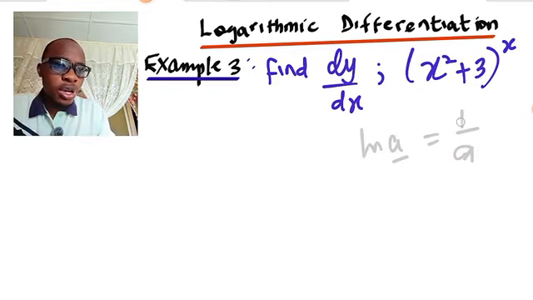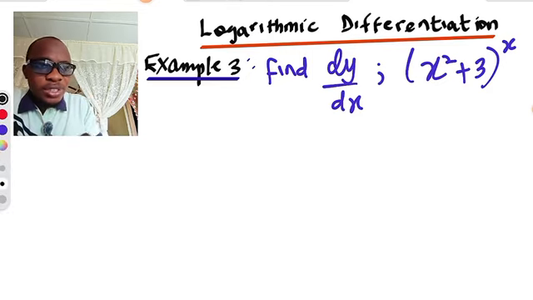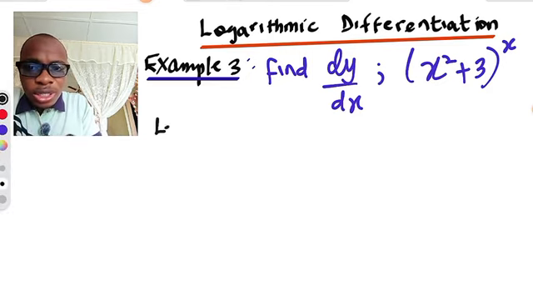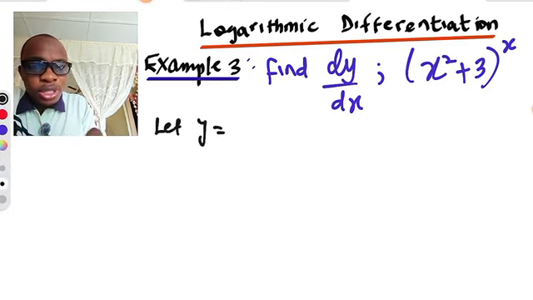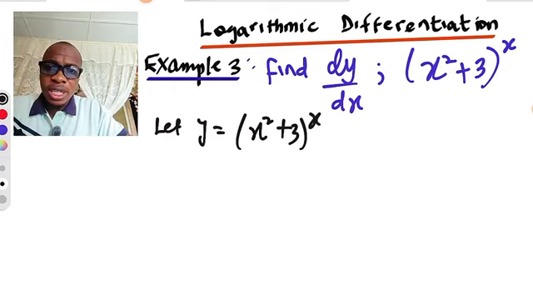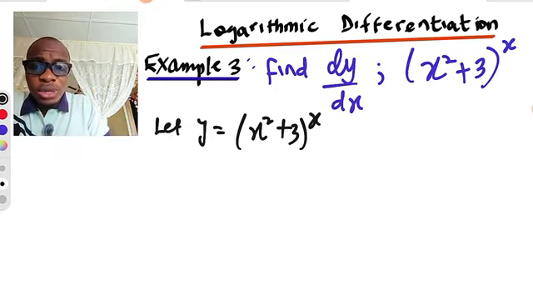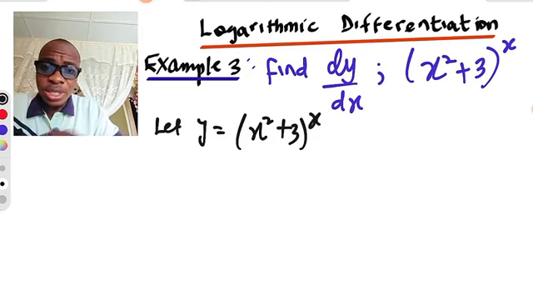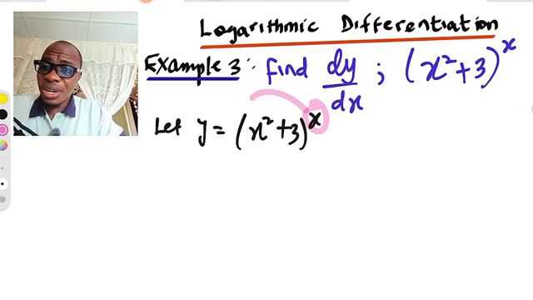All right, so moving on, we have this particular question. We let y be (x squared plus 3) all to the power of x. That's our y, and we need the derivative of that function. Before we can do anything, we need a means of bringing this x down.